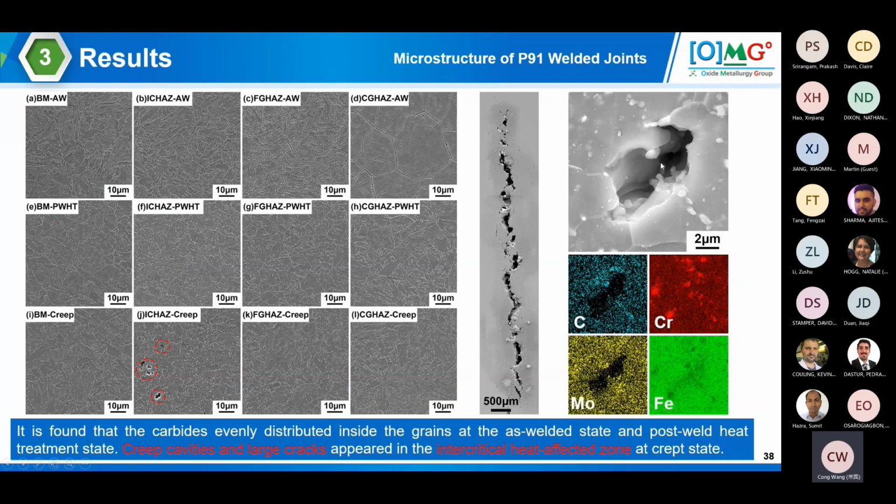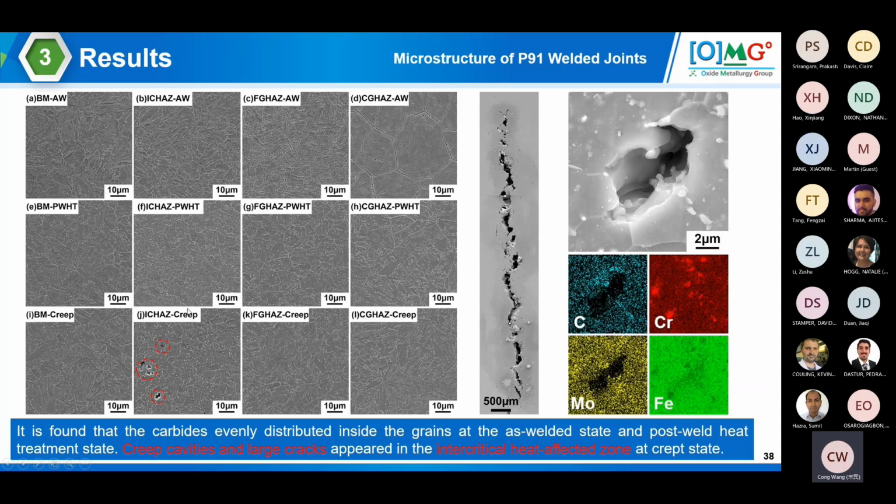and we found that around these cracks there is a very high volume or number density of carbide. They have been found along these cracks, and they are heavy in chrome and heavy in moly.